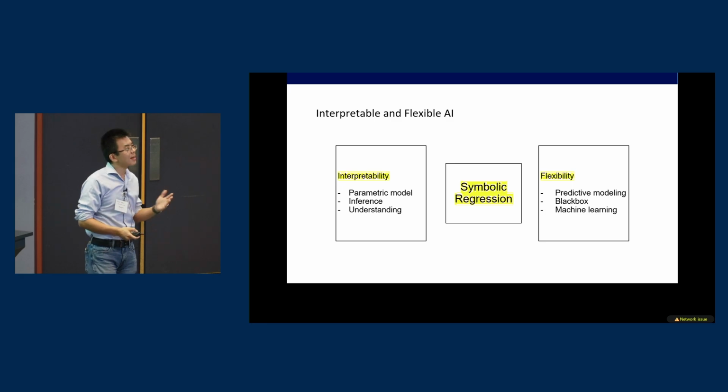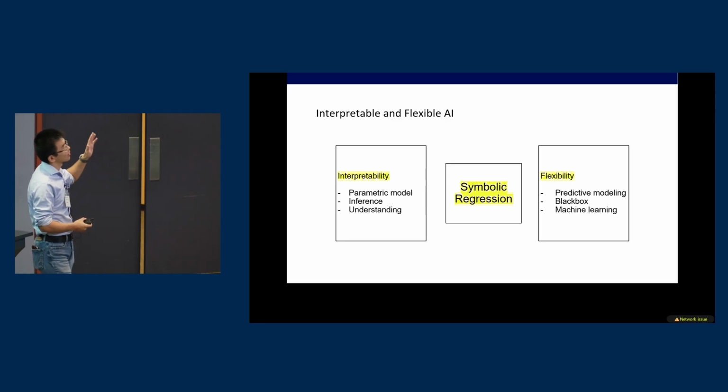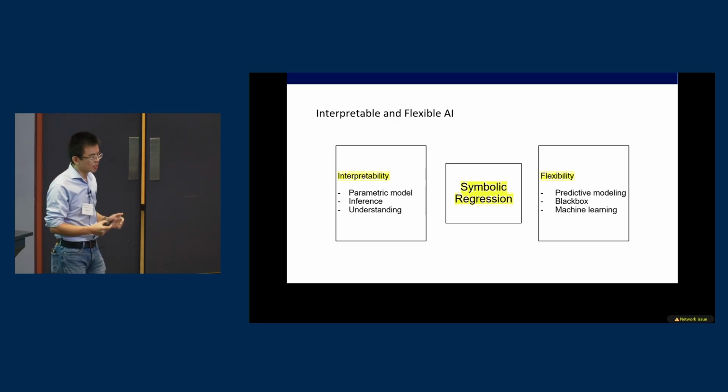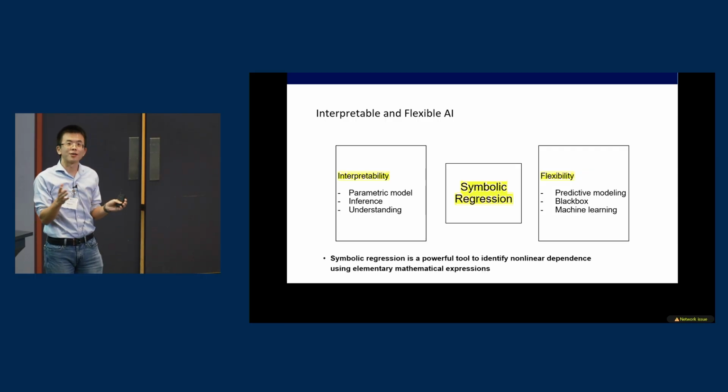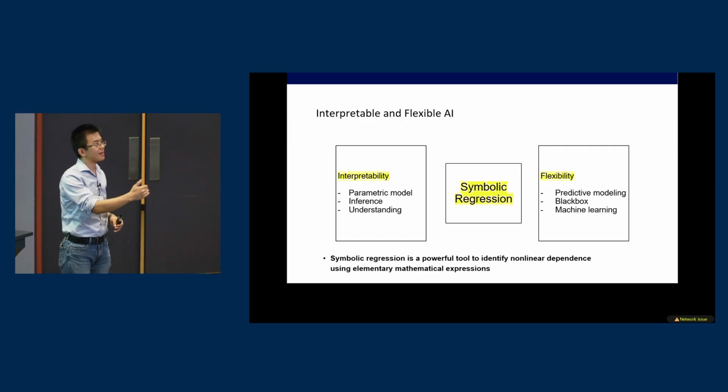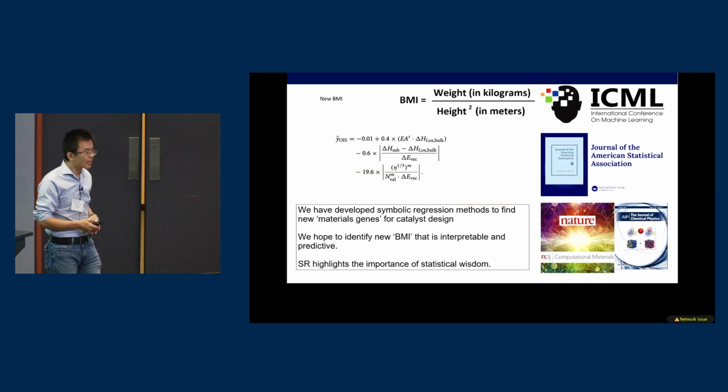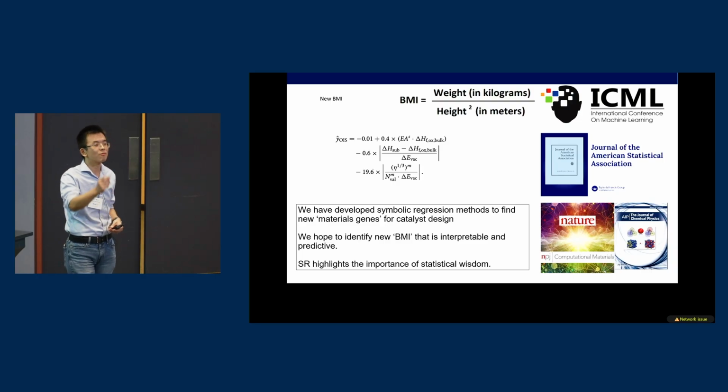There are many things you can do in order to achieve a balance. What we do here is symbolic regression. Symbolic regression is a very useful tool to give you nonlinear dependence while achieving high accuracy and also interpretability. A well-known example is BMI. You know BMI is a formula. That's a symbolic expression. You know how to interpret that. You can write down the formula.